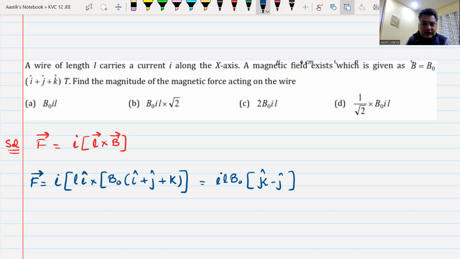You can now find out the magnitude of this force. One component is along j, the other component is along k. The magnitude will be root 2 times I L B naught. We understand this? So the answer would be option C. Sorry, option B, B naught I L root 2.